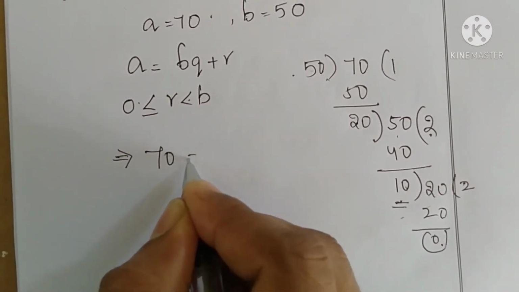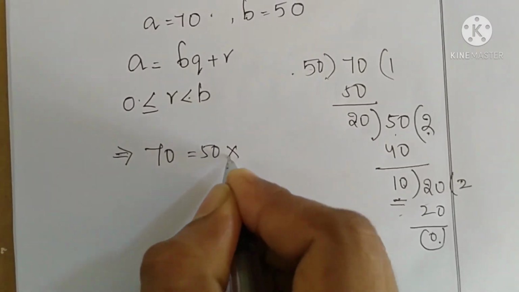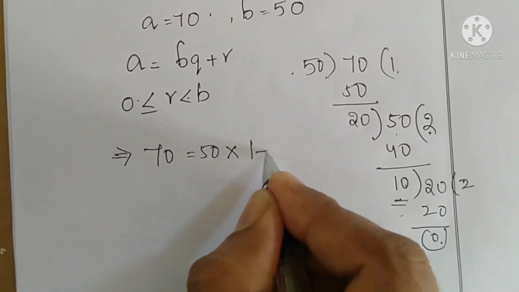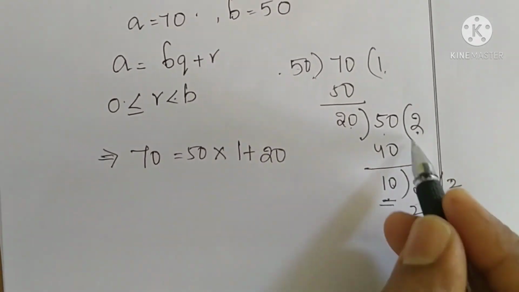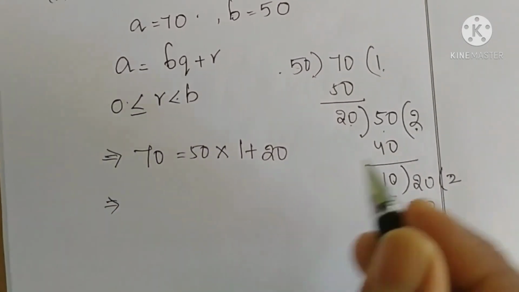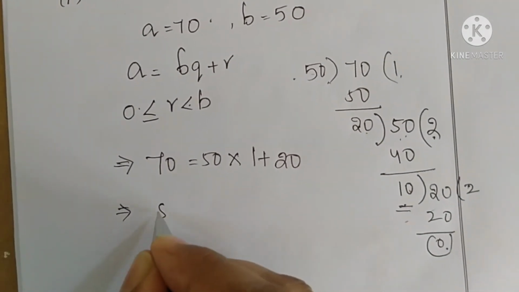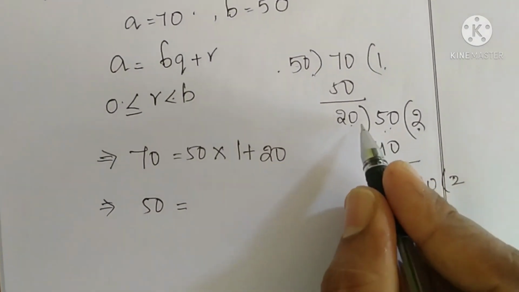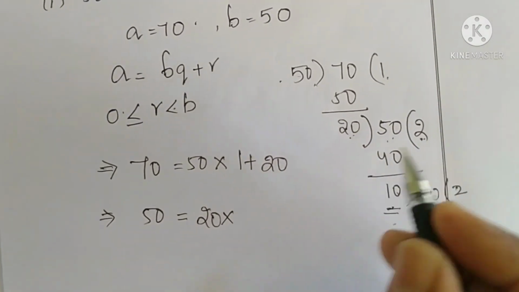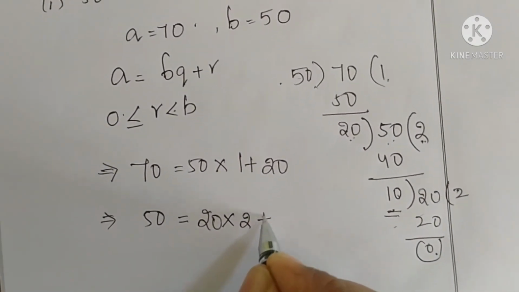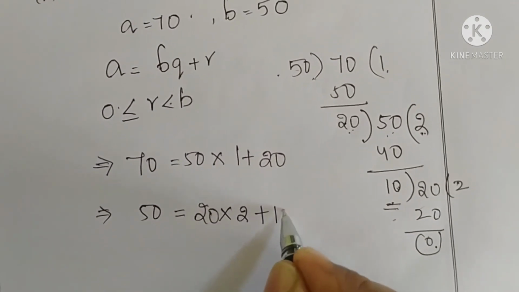70 is equal to 50 into 1 plus remainder R is 20. At this stage, A is equal to 50, B is equal to 20, quotient Q is equal to 2, plus remainder R is 10.